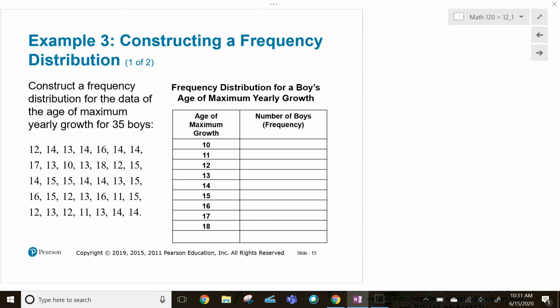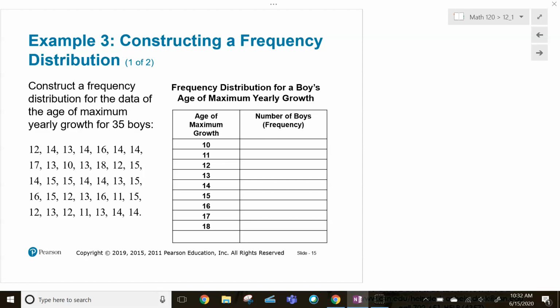All right, let's move into constructing a frequency distribution. Here's some data for the age of maximum yearly growth. The first person was age 12 when they had their maximum growth in a year. A frequency distribution is simply how many.